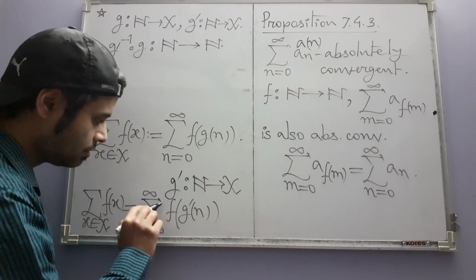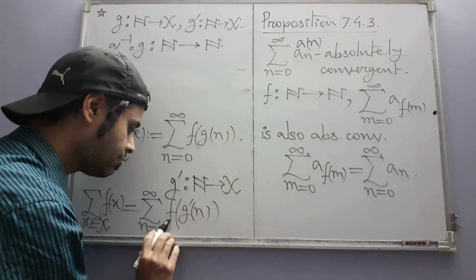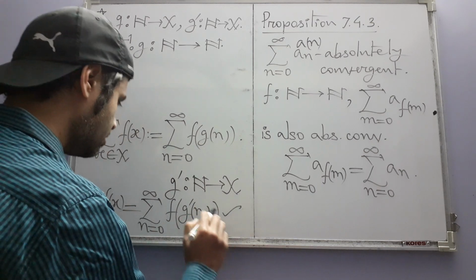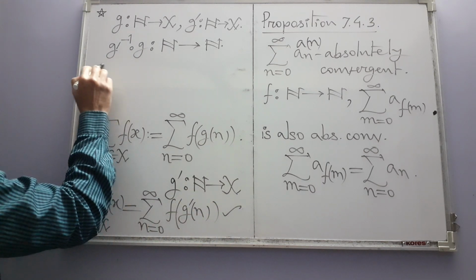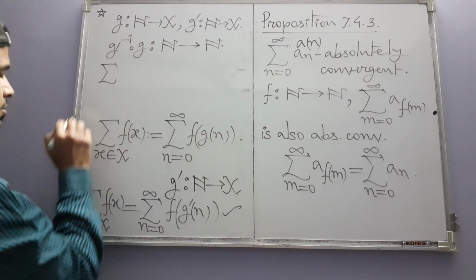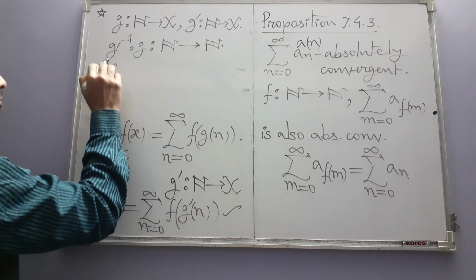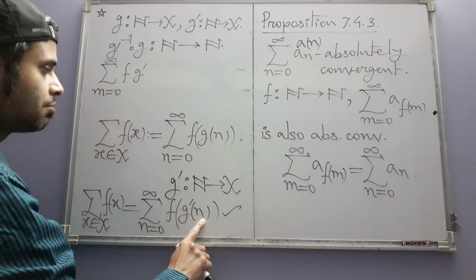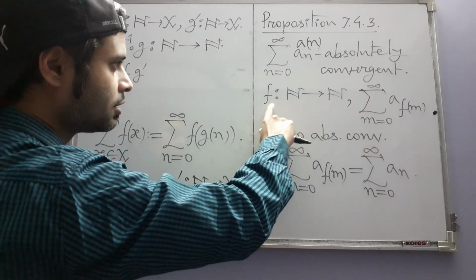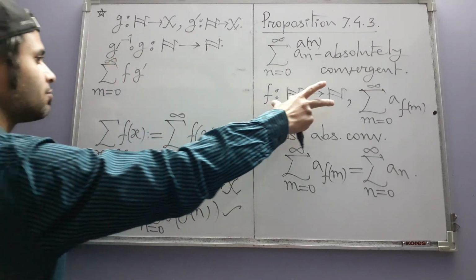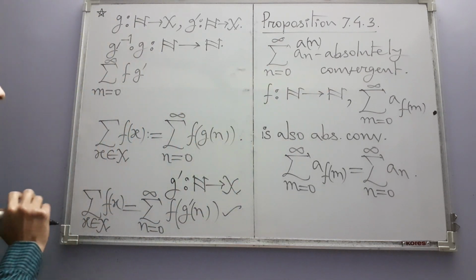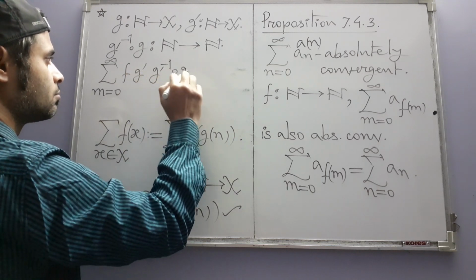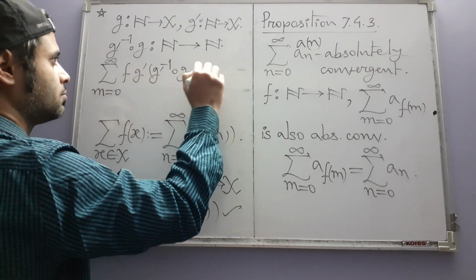So here in place of a of n you have f composition g prime of n. So that means if you change this series, then you are going to get the sum over m equal to 0 to infinity of f of g prime of, in place of n there what we wrote f of n. Now here in place of this function we have g prime inverse composition g, of m.